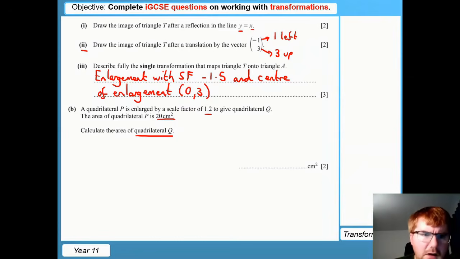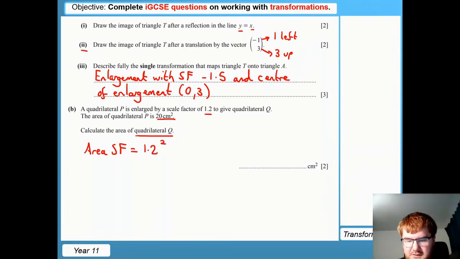Now, of course, we've got an area, so we actually want the area scale factor. The area scale factor will be the one that we're given, but we need to square it. So if we square 1.2, turn on the calculator, then we get the number 1.44. This is where we have to be very careful.